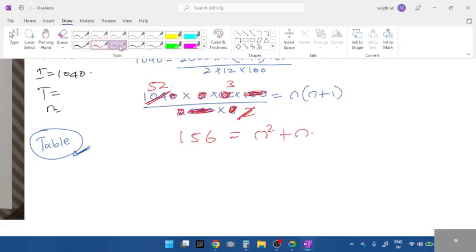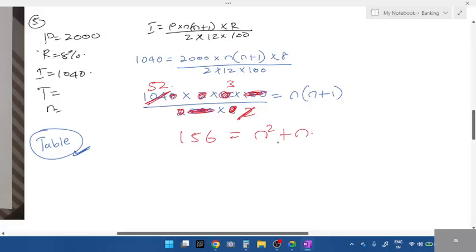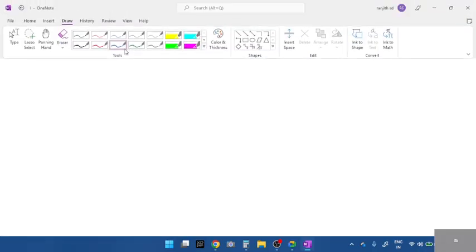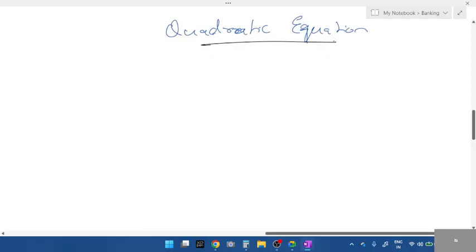Now, this is a quadratic equation. We need to find the value of N, students. So, what is a quadratic equation? You'll have a separate chapter on quadratic equations, fifth or sixth chapter. I'll explain in detail when we start that chapter.